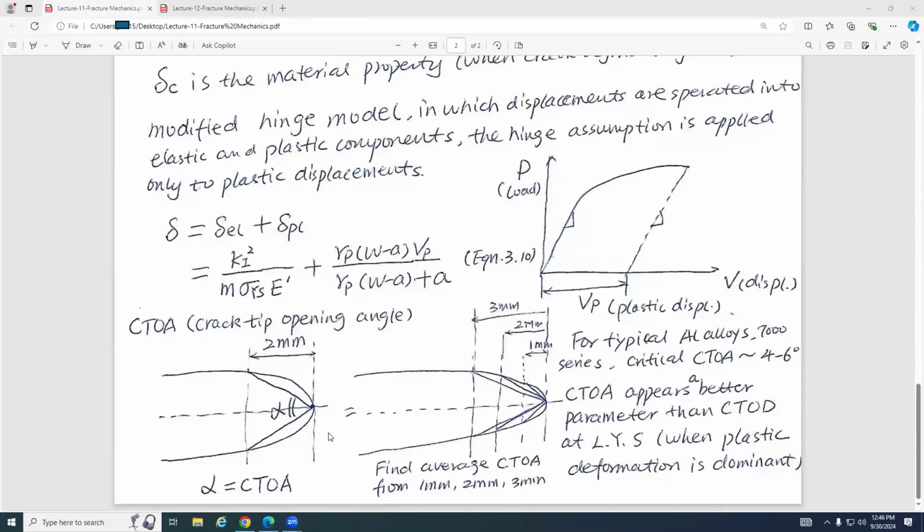Back 2 millimeter in this direction, and then you will have a horizontal line that intersects this crack face at this point and intersects this crack face at this point. Make sense? Then this is my original crack tip. This is my current crack tip, and I connect this current crack tip to this point, and then I connect the crack tip to this point. I have two lines. So this angle formed by these two straight lines is called CTOA.